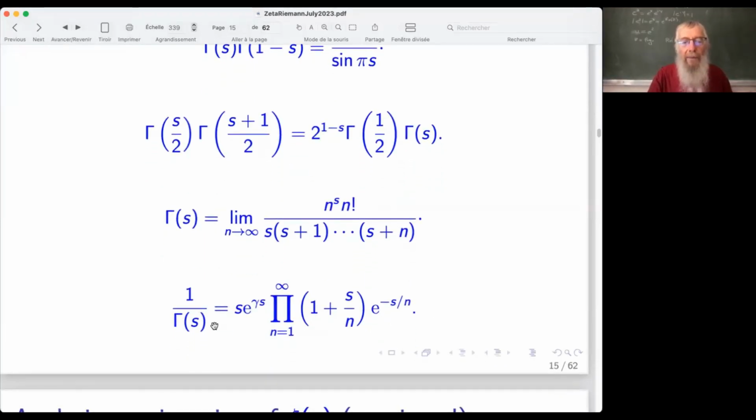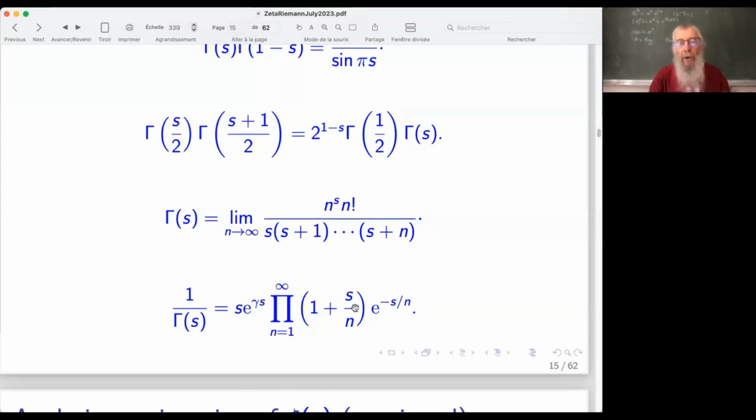For the last formula, this is something which we essentially saw yesterday when I explained the process of Weierstrass to construct a function with given zeros. 1 over gamma of s is an entire function with zeros at the points s equals minus n and s equals 0. So 1 over gamma of s can be written as s times this infinite product, and we multiply by exponential of minus s over n in such a way that this infinite product is convergent.